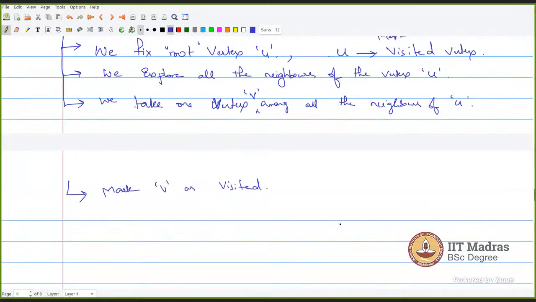Now once V is visited, we will do two things here. One thing is we explore all the neighbors of V. Do we explore? Just a second.